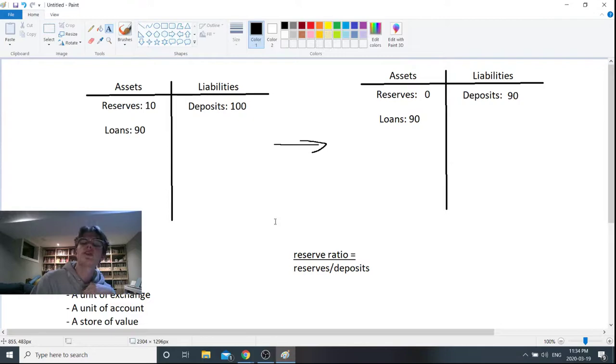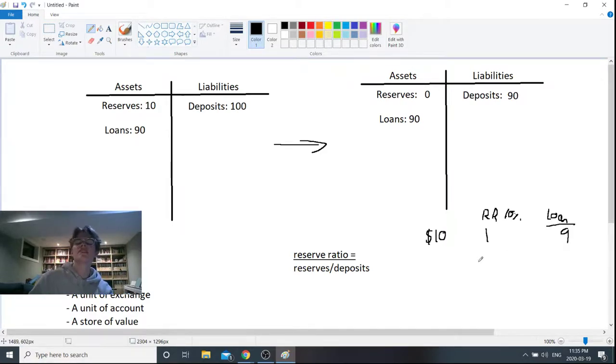So if you deposit $10 and the RR is 10%, then they're going to hold $1 in reserves because 10% of 10 is 1. So they're going to hold $1 in reserves, and the rest they're going to loan out. They're going to loan out $9.